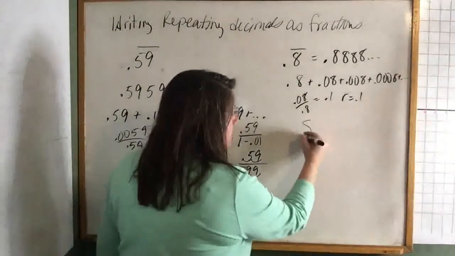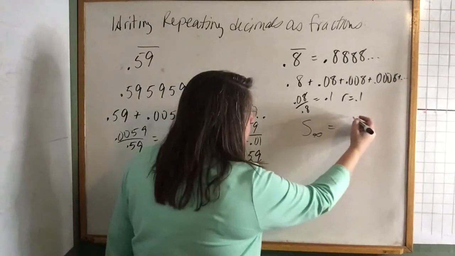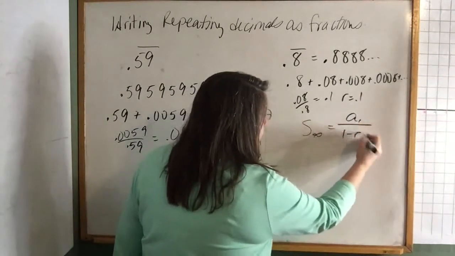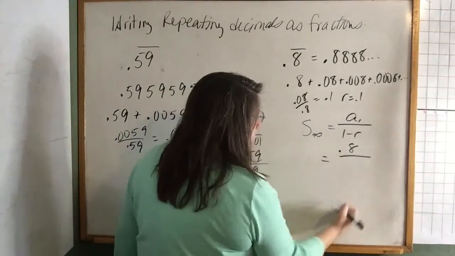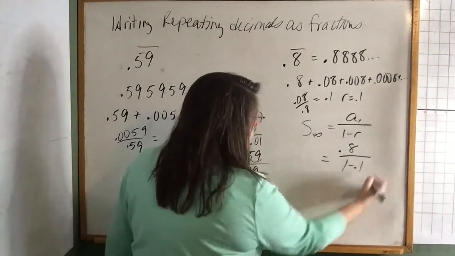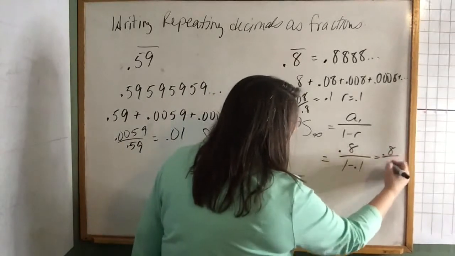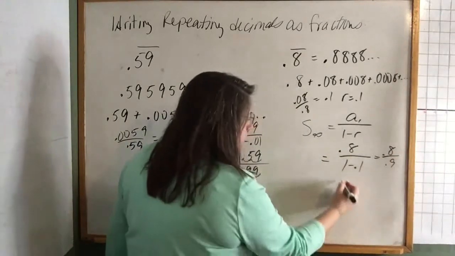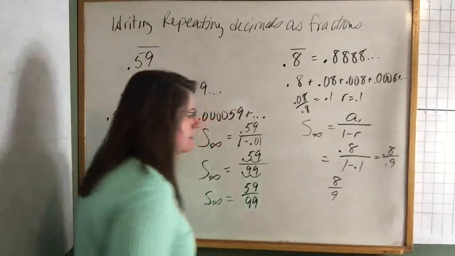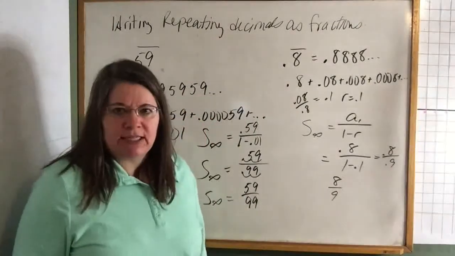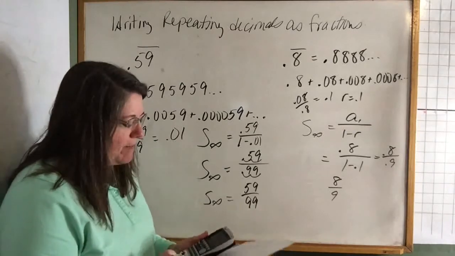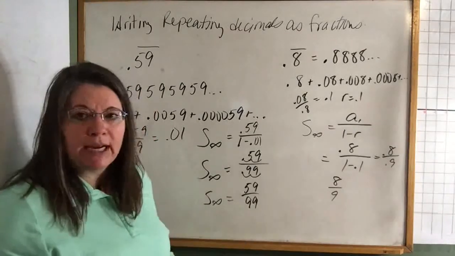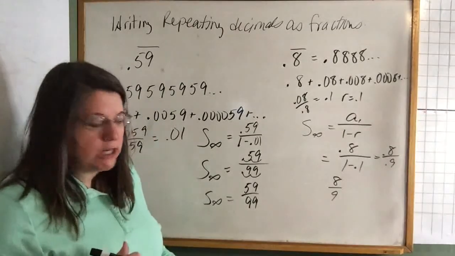So my infinite series is A sub 1 over 1 minus R. A sub 1 is 0.8 and 1 minus 0.1, so we've got 0.8 over 0.9, which is 8/9. Now, how can we check these? Well, I could put 8 divided by 9 in my calculator, and it does give me 0.8 repeating. So you could try that if you wanted to.